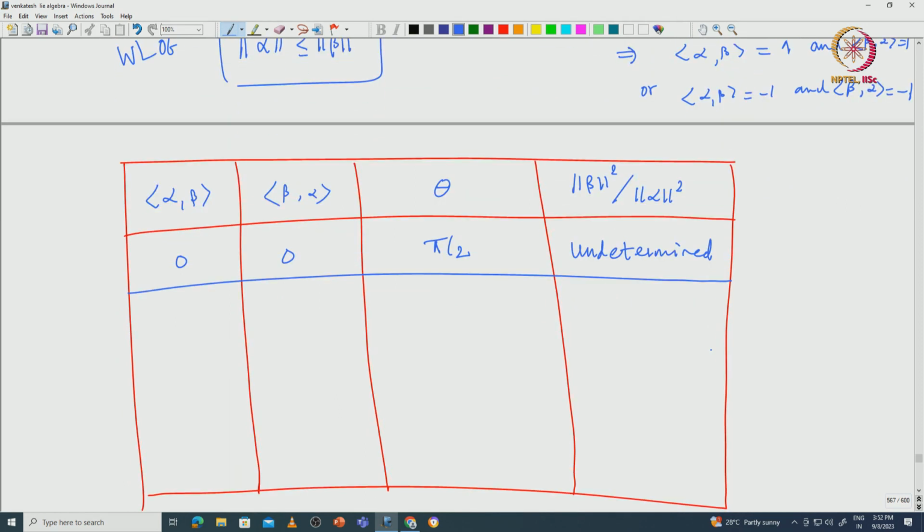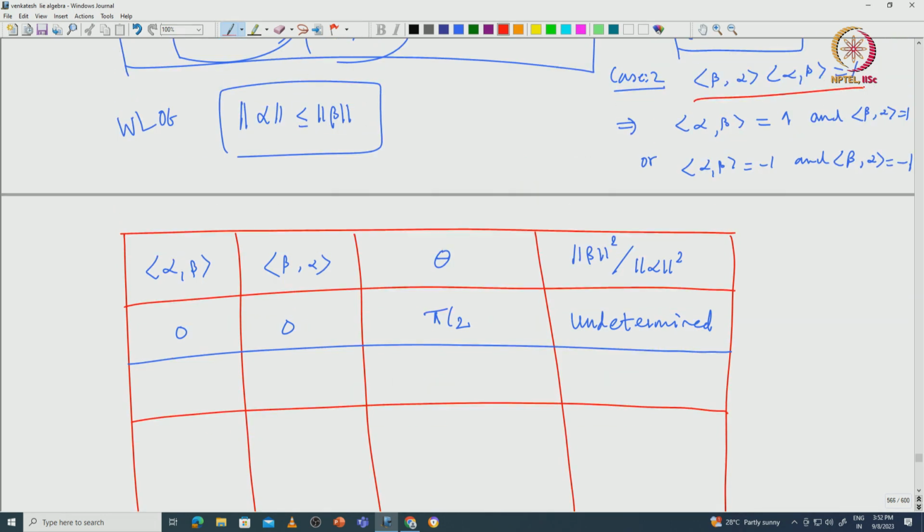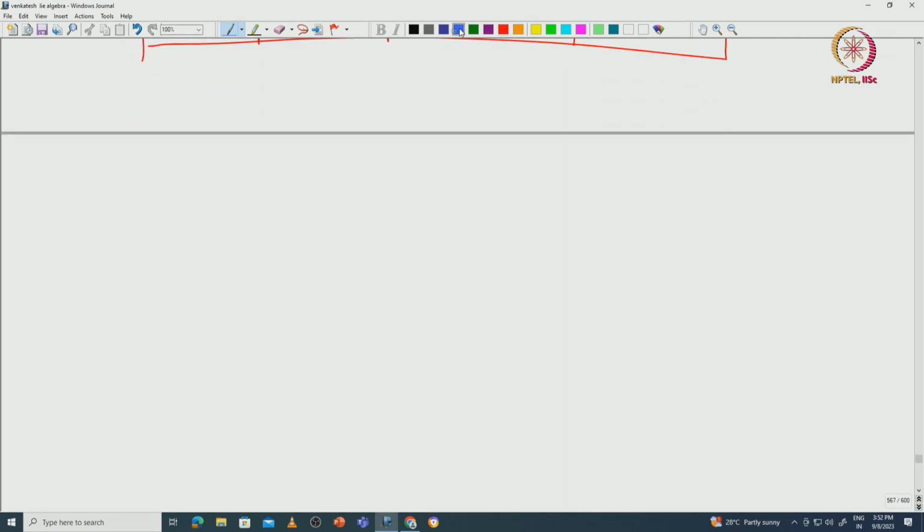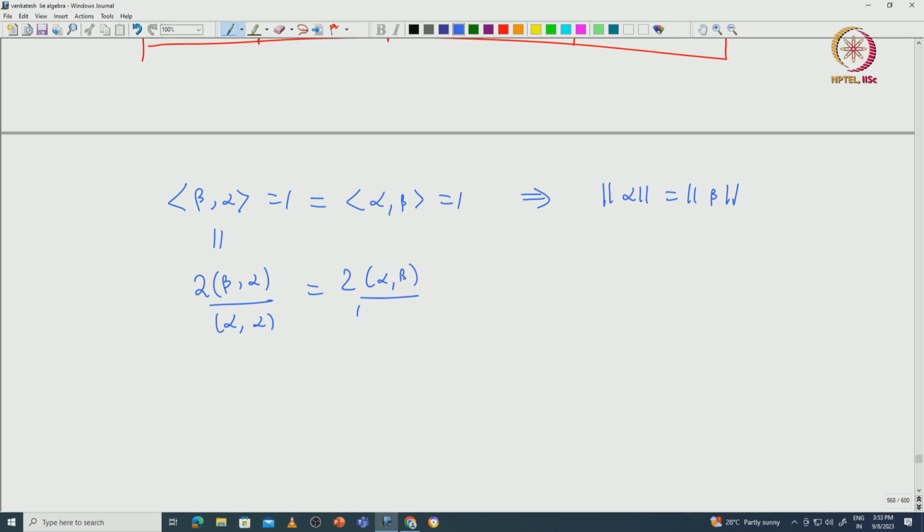Now what will happen if the product alpha beta times beta alpha is 1? Let's work it out and see what happens. You can see that in the first case beta alpha is 1 as well as alpha beta is 1, and in this case the norm of alpha and the norm of beta must be equal, because this gives us twice beta alpha divided by alpha alpha is equal to twice alpha beta divided by beta beta.